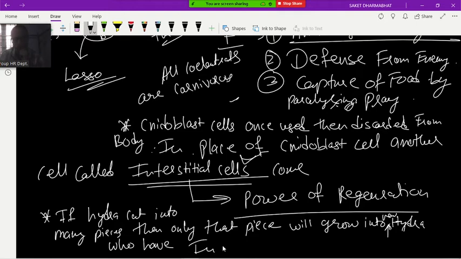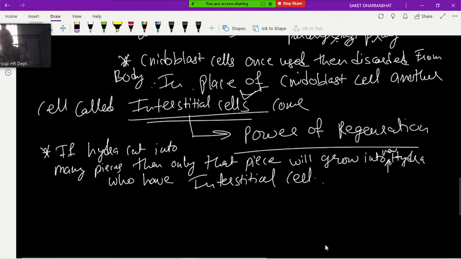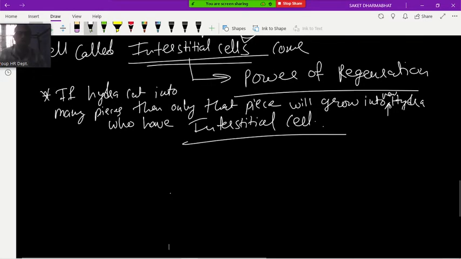Which cell? Interstitial cell. Yes. If hydra is cut into many pieces, then only the pieces in which interstitial cells are present will grow into a new hydra. Clear or not?